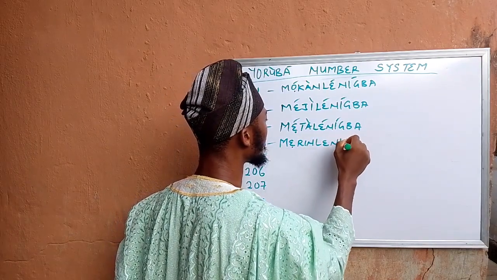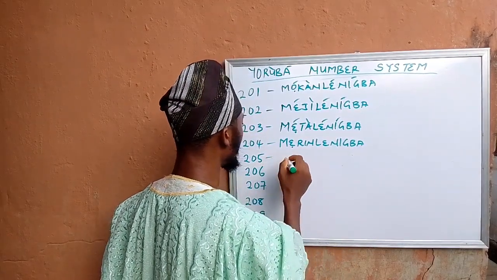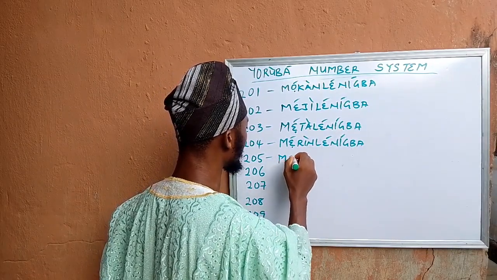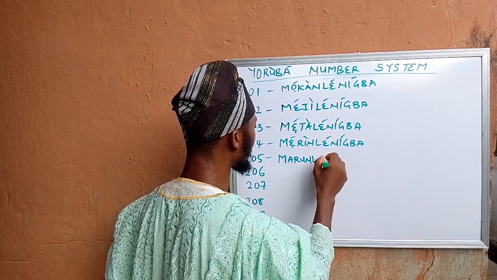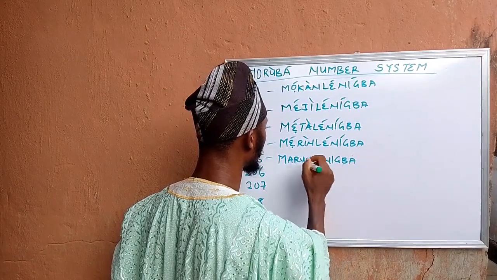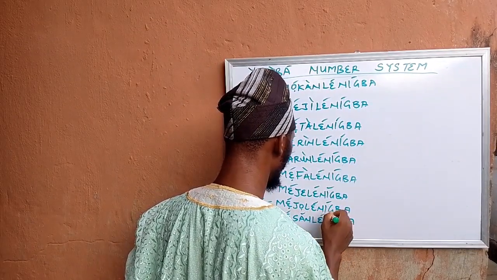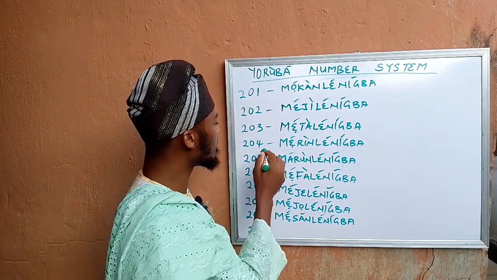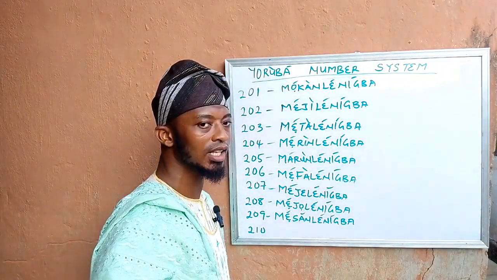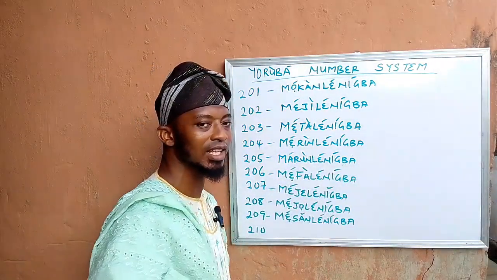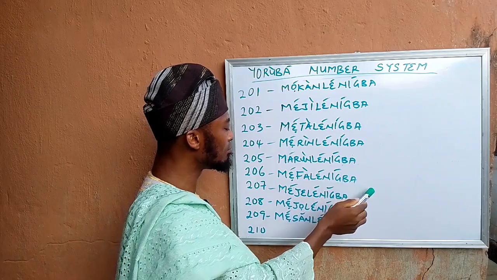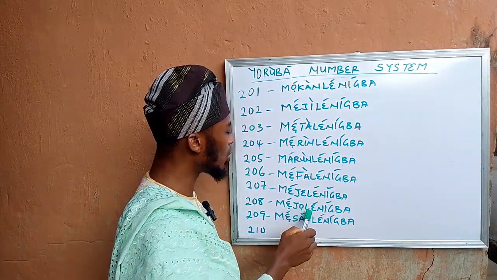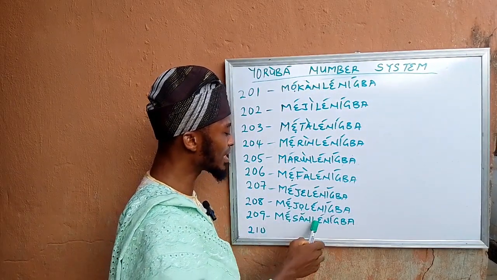Mẹ́rìnlénígba. So we said 204 mẹ́rin lé ní igba, 205 márùn-ún lé ní igba, 206 mẹ́fà lé ní igba, 207 méje lé ní igba, 208 mẹ́jọ lé ní igba, 209 mẹ́sàn-án lé ní igba.